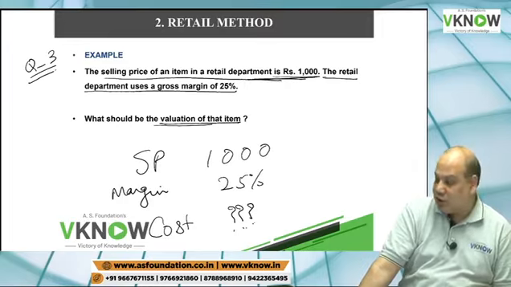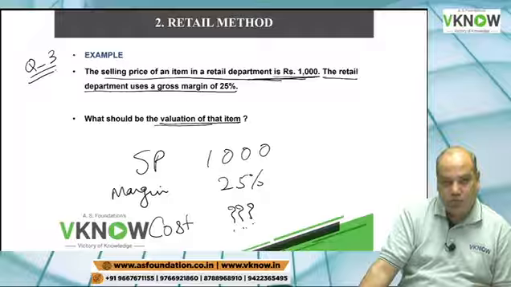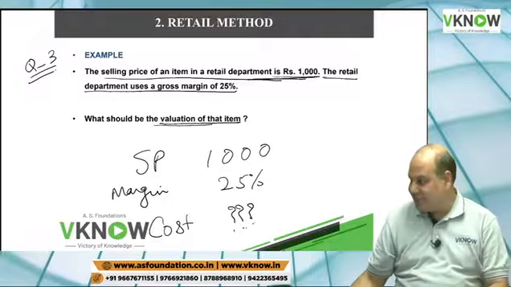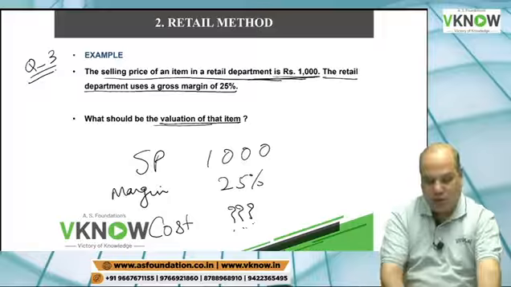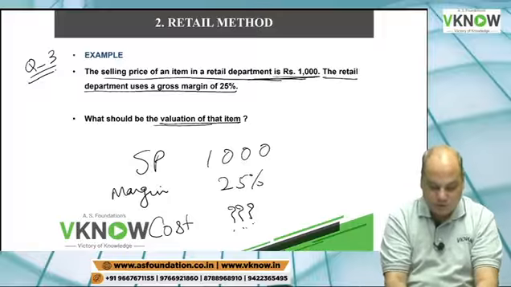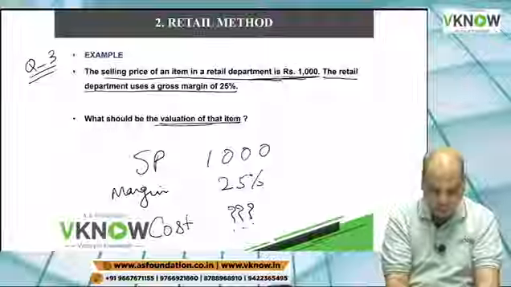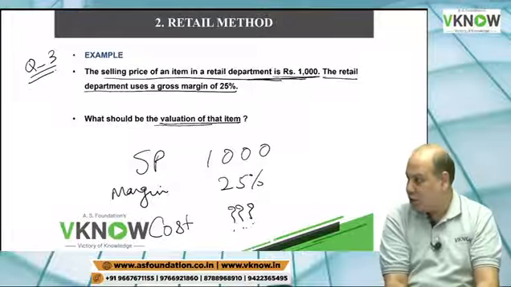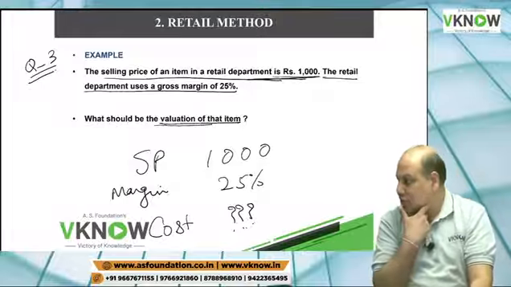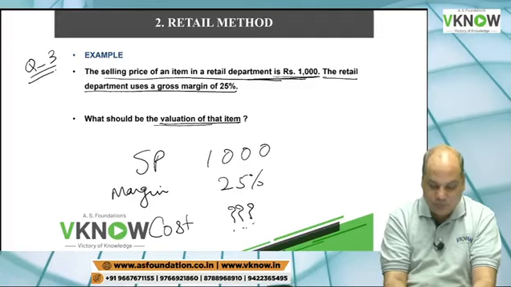Any query related to AS2? Sanket Jain is saying 750. Tanya 750. Who else? Kunal 750. Very good, Kunal.